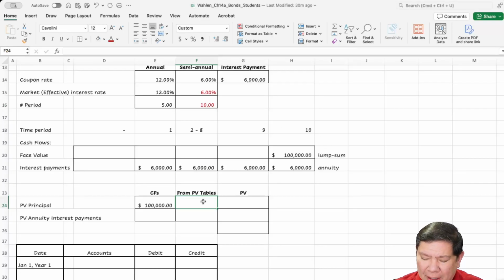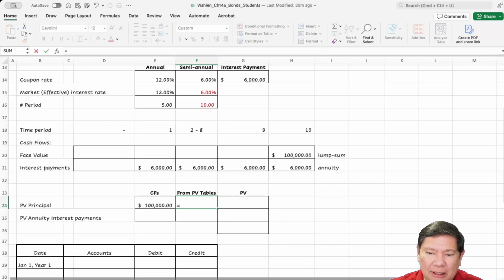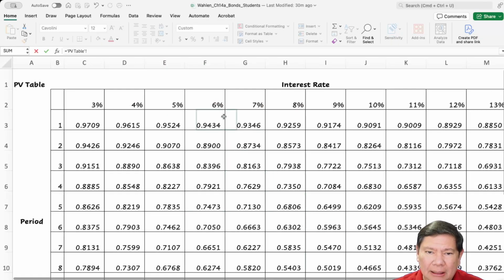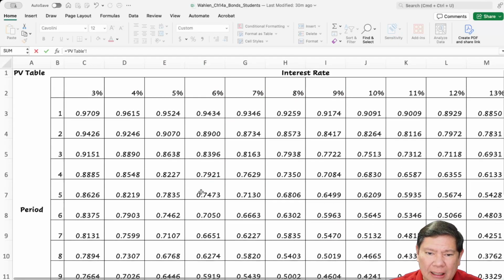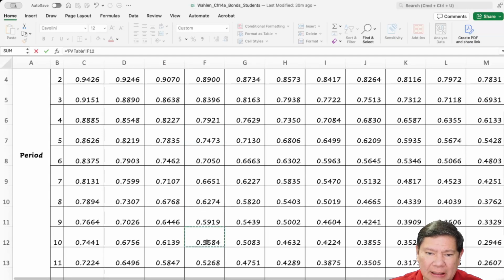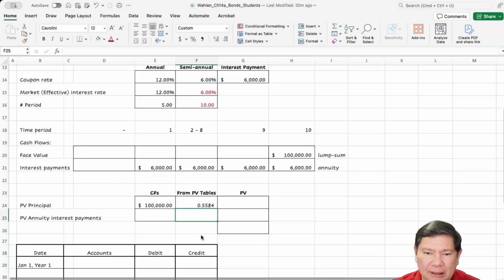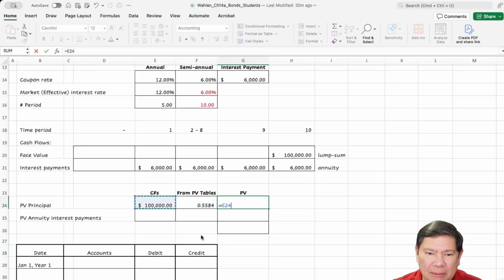So let's go find it from the present value table. 6%, 10 periods, so that's the number 0.5584. And we can just multiply this.